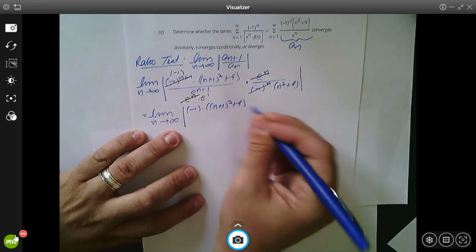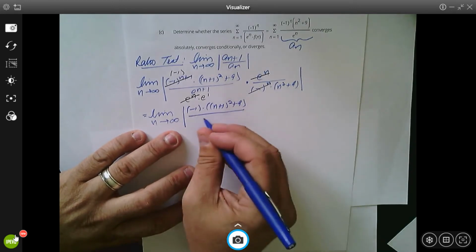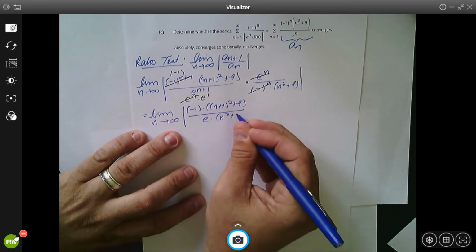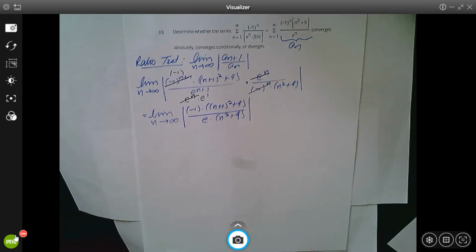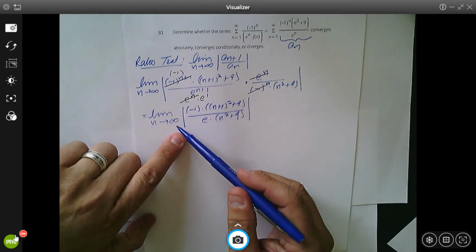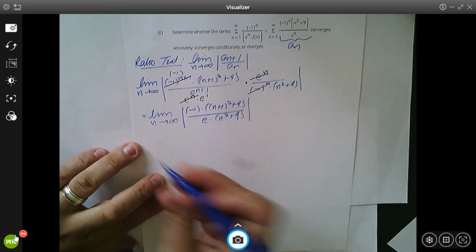N plus 1 squared plus 9 divided by e times n squared plus 9. Remember, n is what's approaching infinity. Everything else is a constant.